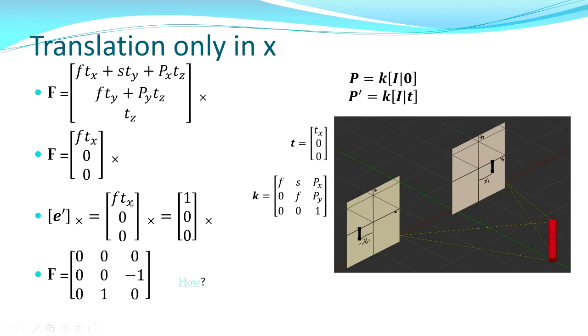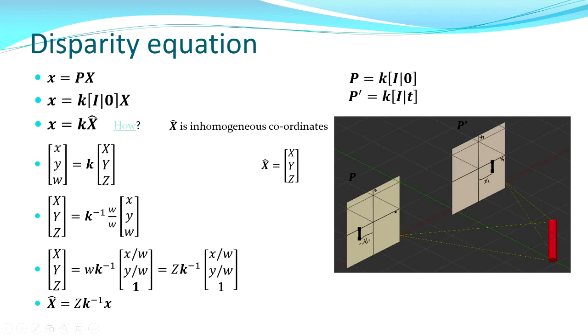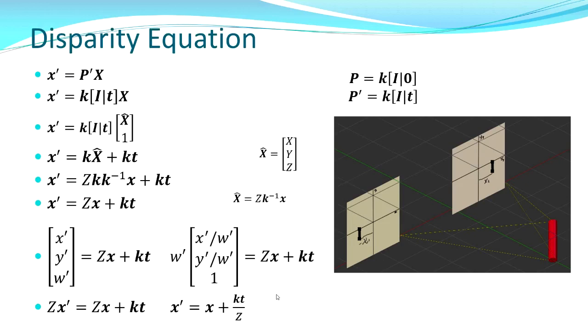So you just have f t_x. That is the stereo disparity equation actually. So here you will have f t_x, and this equation then becomes the stereo disparity equation, that is only translation in x. So this is a general equation for any kind of translation that you can think of. This is the general disparity equation that we have got.